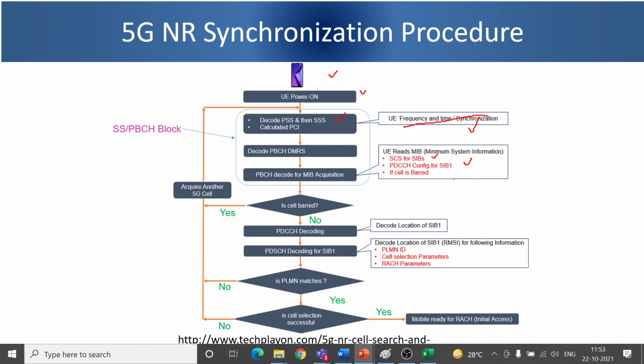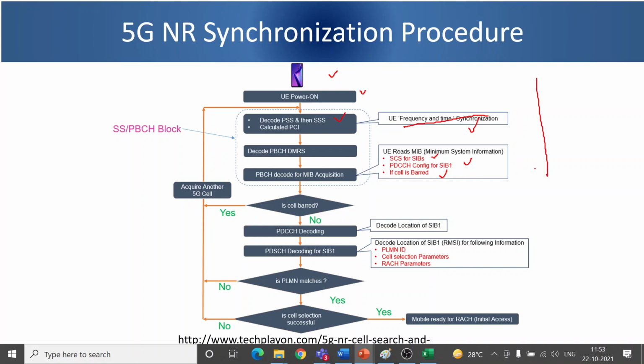It will also know whether the cell it is trying to latch on to is barred or not barred, right? Barring is used for some other purpose which we'll discuss in subsequent classes. So this is the way it is able to decode the PBCH, right?